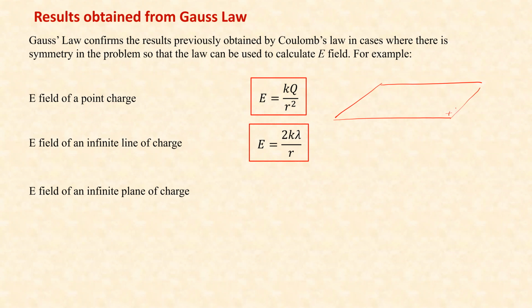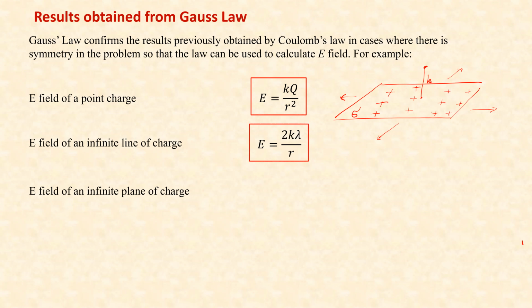It has uniform charge density, let's say positive, uniform charge density sigma. And you want to find the electric field at some point at distance, let's say, h from this plane. It's an infinite plane, so it extends to infinity in all directions, right?